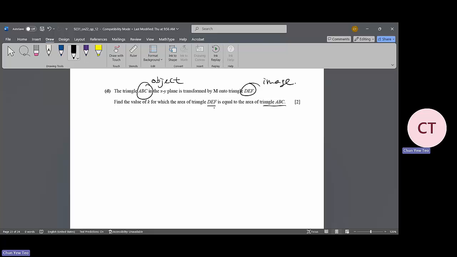Okay, so if the area is equal, that means we know that the formula is that the area of image is equal to the modulus of the determinant of the transformation multiplied by the area of our object. Okay, we know this relationship.